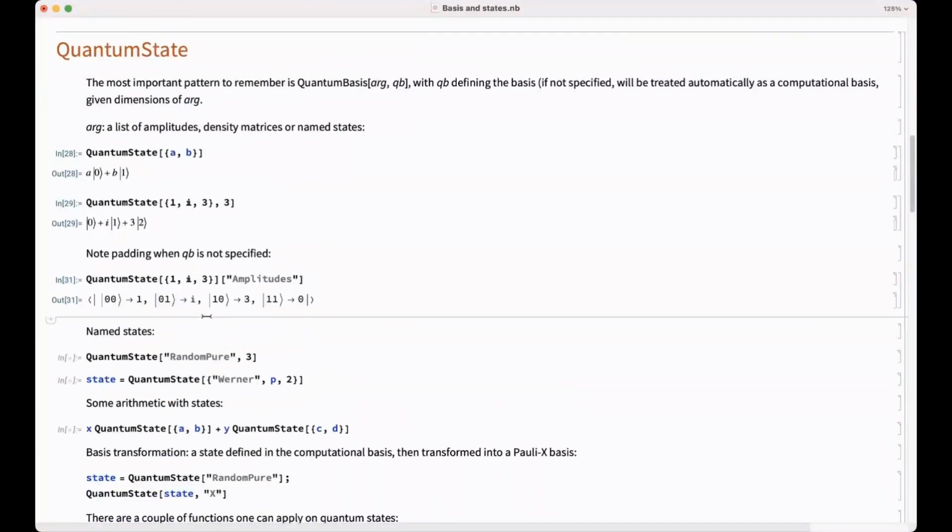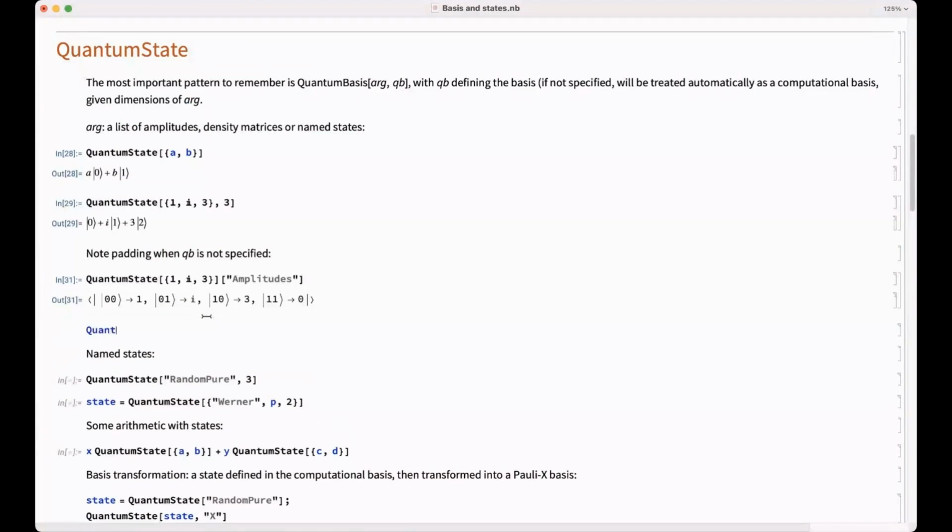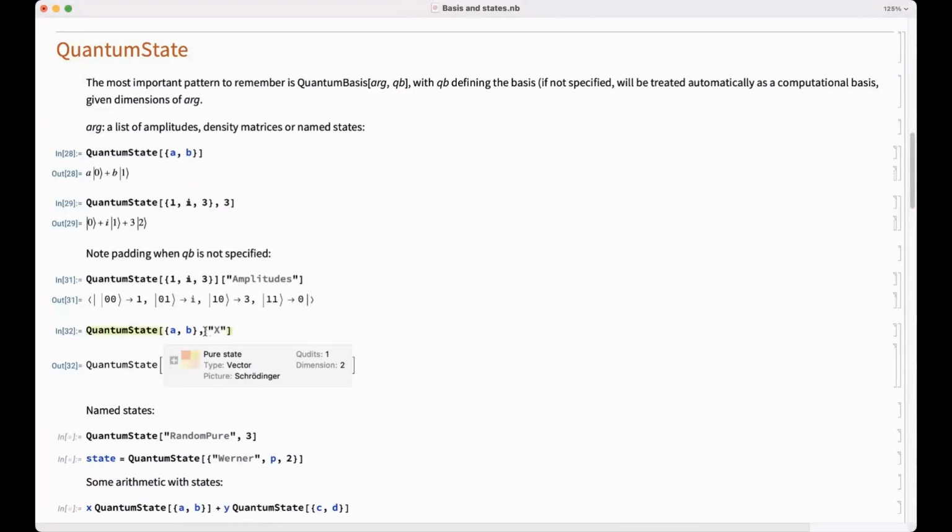I guess at this point we could show some examples of how we would create a state in different bases. If you have amplitudes for a qudit, you can say in what basis you want it. You can just provide a name, or you can provide a whole basis if you construct it customly with some names, associations, or whatever argument works for quantum basis.